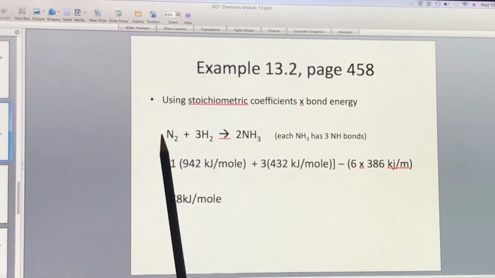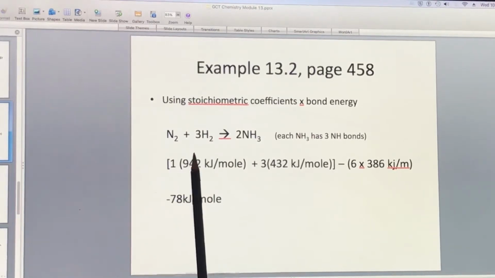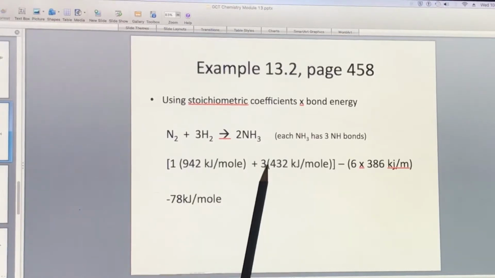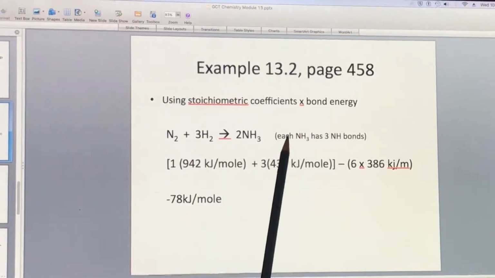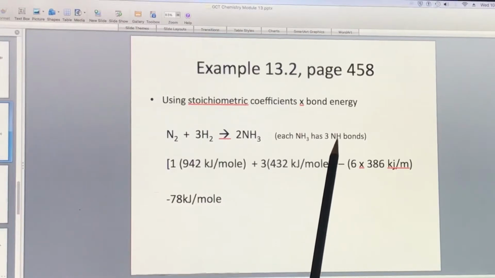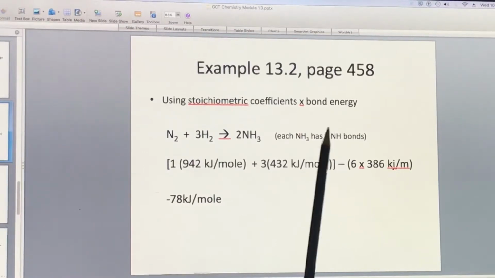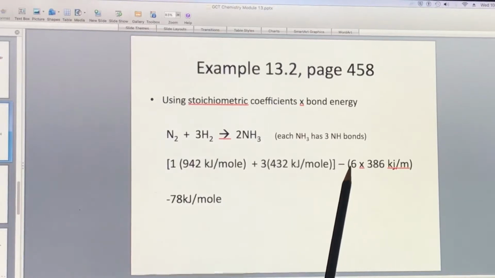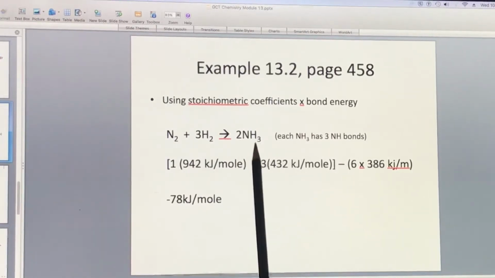So we have 1 nitrogen diatomic molecule here, and this is the 942 kilojoules. Here we have 3 of the hydrogens. And then in this case, in the NH3, each NH3 has 3 NH bonds, but since there's 2 of them, there's a total of 6 of those bonds in these 2 molecules.